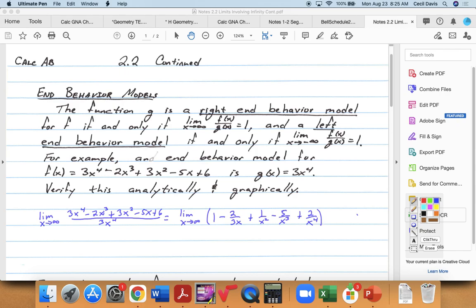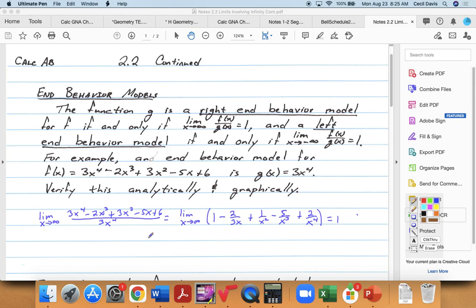What happens to all of the terms except for the first one as x goes to infinity? They get smaller, close to 0, correct? Yes. So this is 1.